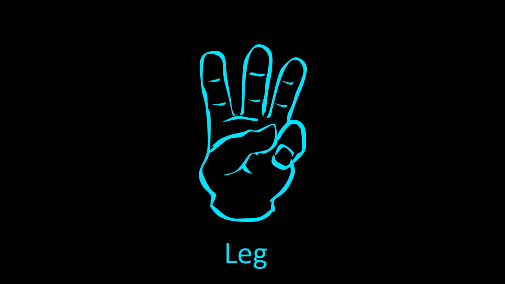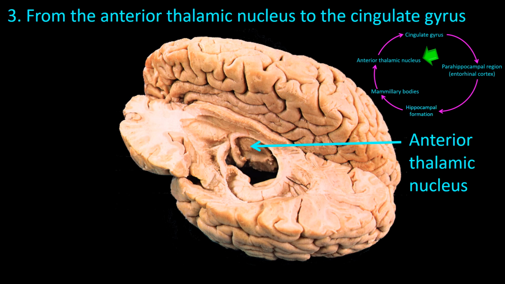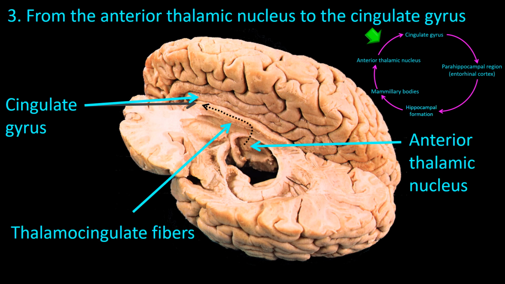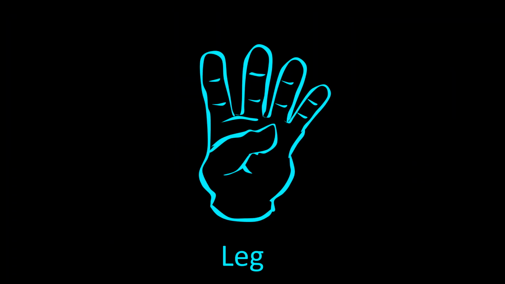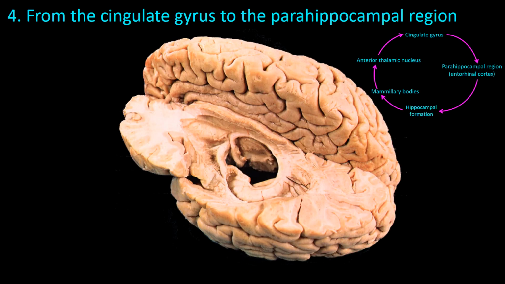The third leg of the circuit goes from the anterior thalamic nucleus to the cingulate gyrus. The connection between the anterior thalamic nucleus and the cingulate gyrus is made by the thalamo-cingulate fibers. The fourth leg of the circuit goes from the cingulate gyrus to the parahippocampal region.